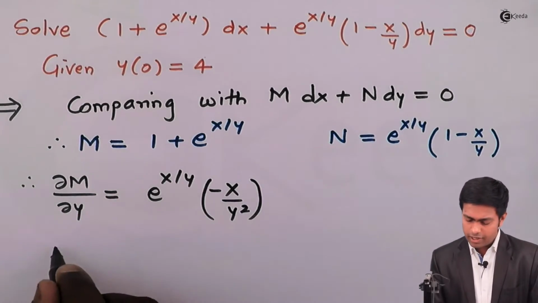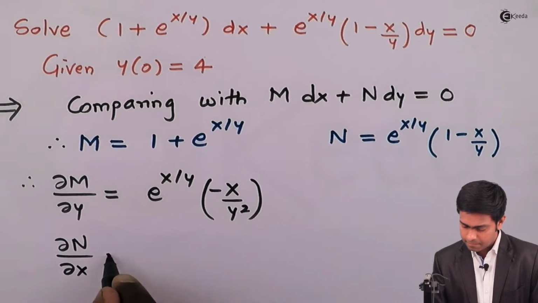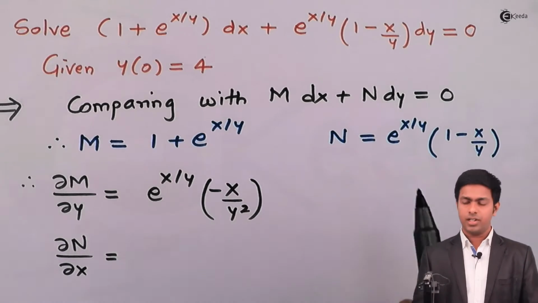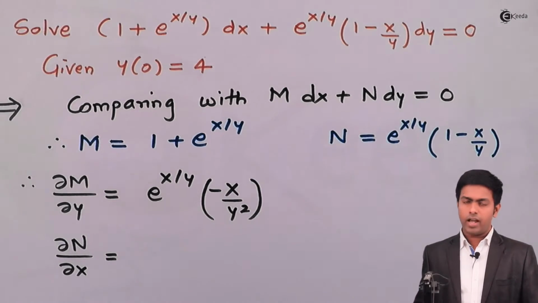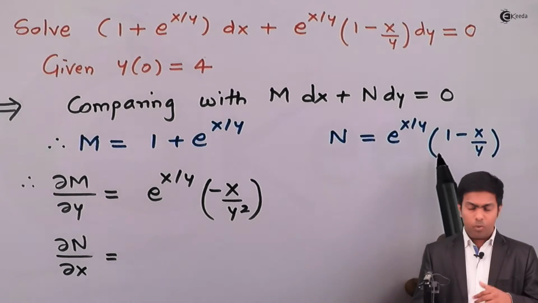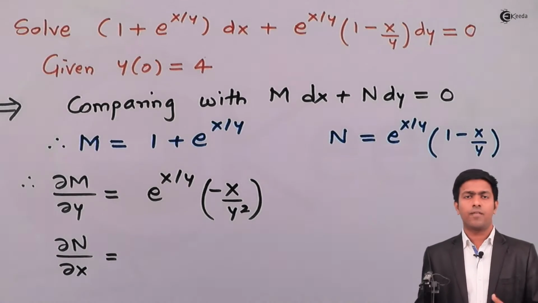Now let's find out the value of ∂N/∂x. So let's differentiate this N with respect to x partially. Here now we have two terms and both terms have x. So guys, here I will use the product rule of derivative.